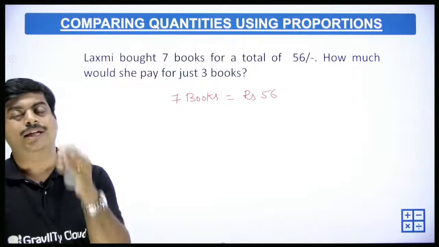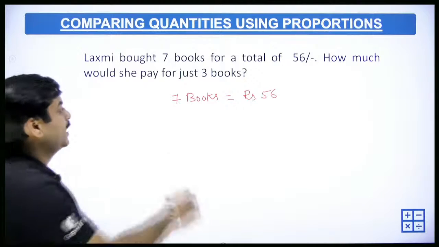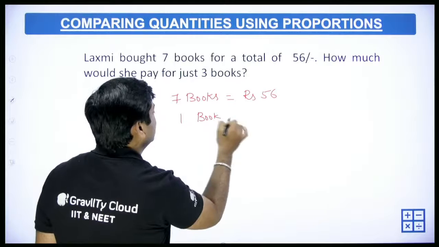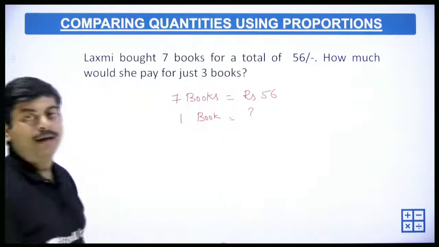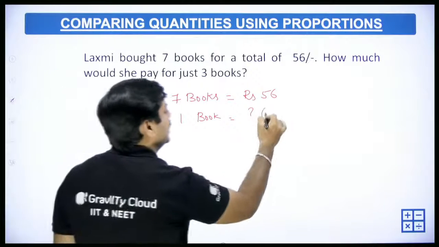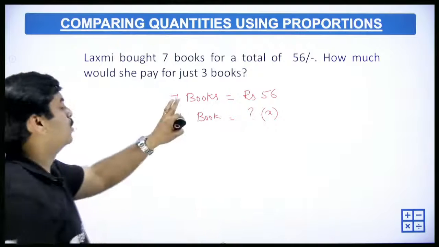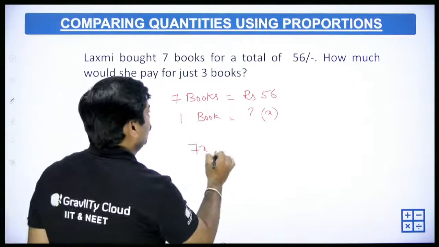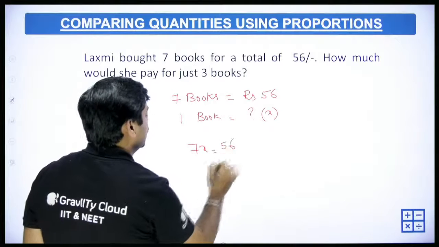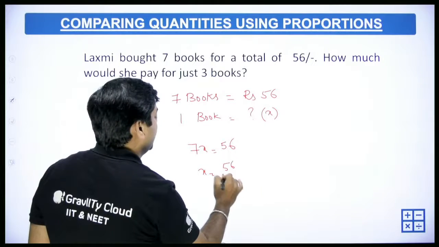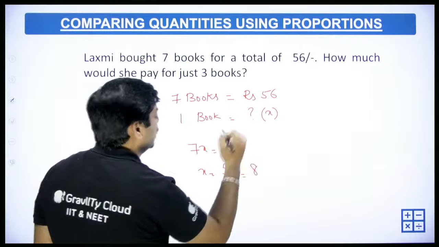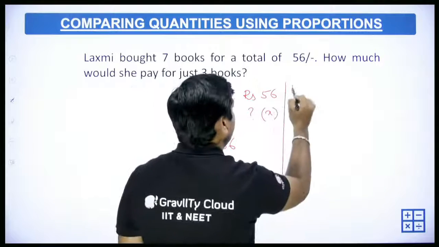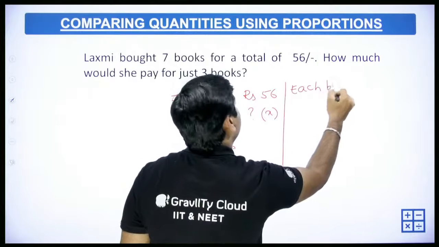If 7 books cost 56 rupees, 1 book costs how many rupees? Let's take it as x and cross multiply: 7x is equal to 56 into 1, which is 56. So x is equal to 56 by 7, which is 8. That means each book costs 8 rupees.